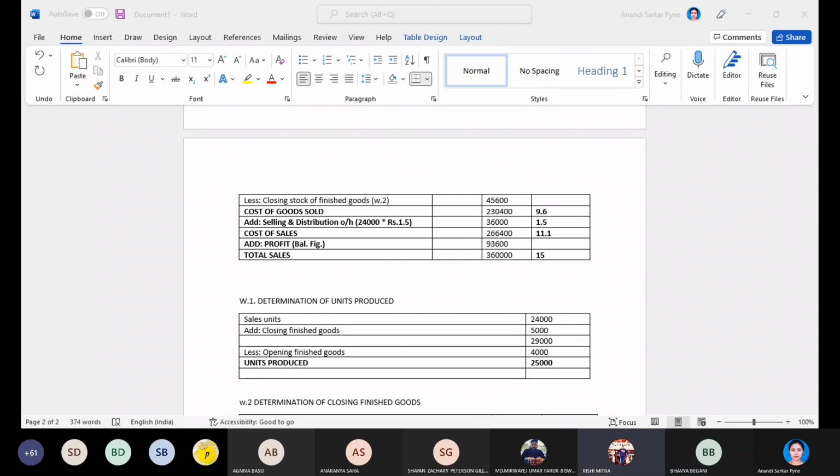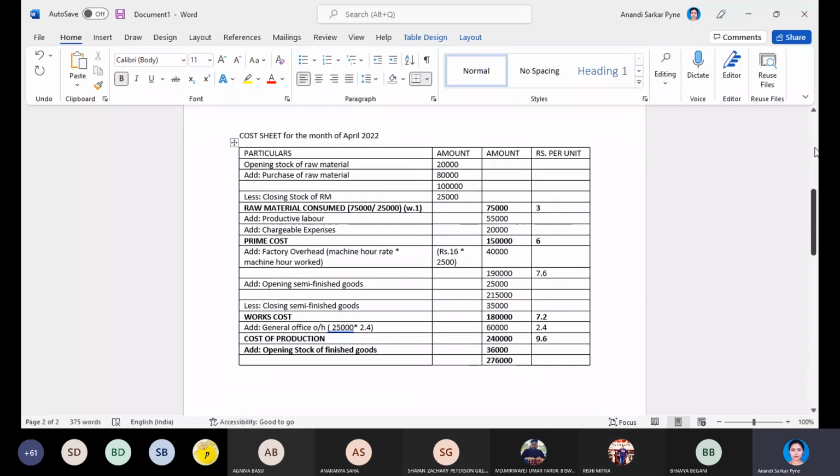Ma'am, will you explain this selling and distribution calculation one more time? I'm getting confused. Which calculation? Selling and distribution one. 24,000 is the sales unit, right?